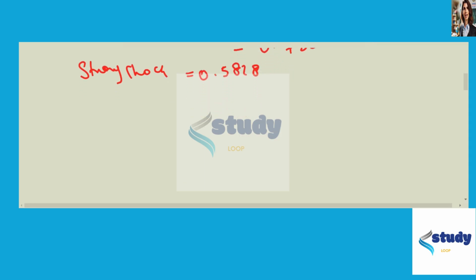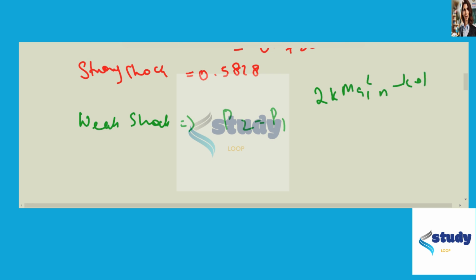The downstream pressure and temperature that we have to find, for the weak shock: P2 = P1 (2k Ma1n² − (k − 1)) / (k + 1), and that equals 17.6 units.